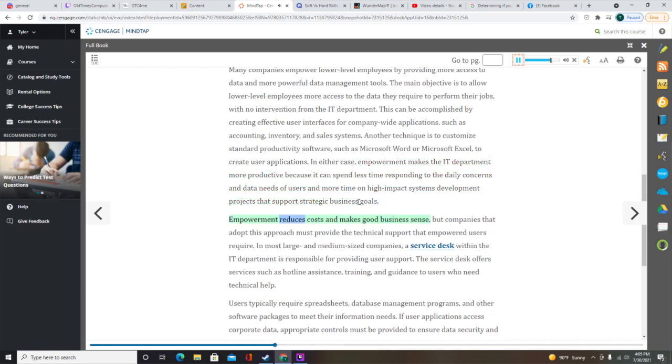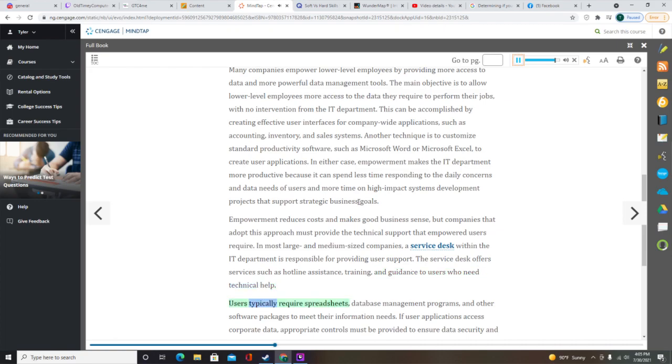Empowerment reduces costs and makes good business sense, but companies that adopt this approach must provide the technical support that empowered users require. In most large and medium-sized companies, a service desk within the IT department is responsible for providing user support. The service desk offers services such as hotline assistance, training, and guidance to users who need technical help.